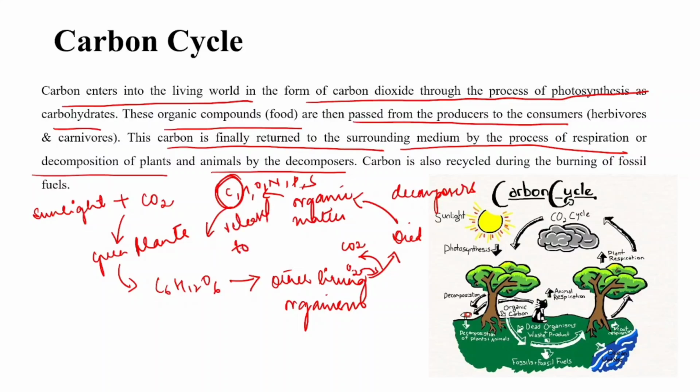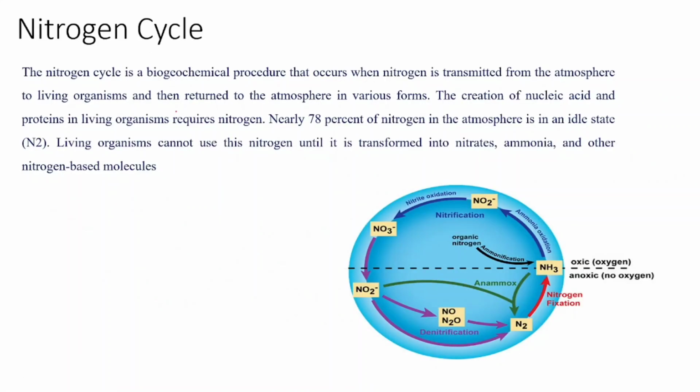This is a simple cycle of carbon I have shown you, but similarly there will be nitrogen cycling, phosphorus, sulfur, right? This exchange and cycling of carbon, nitrogen, oxygen, phosphorus, water is what we call biogeochemical cycling. Clear?